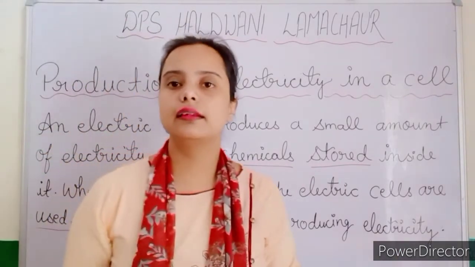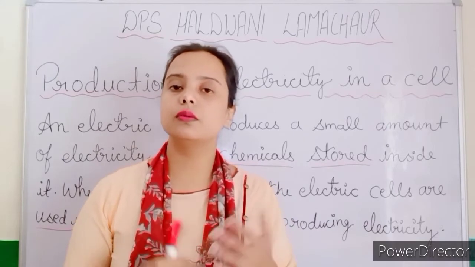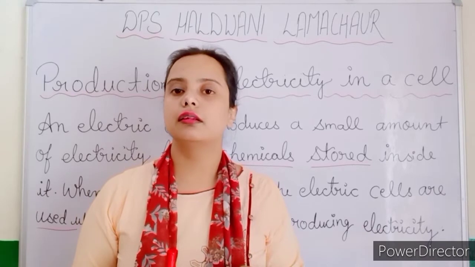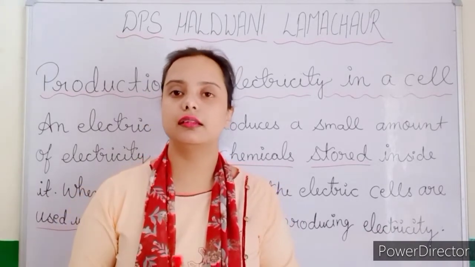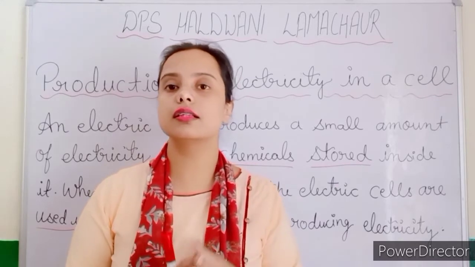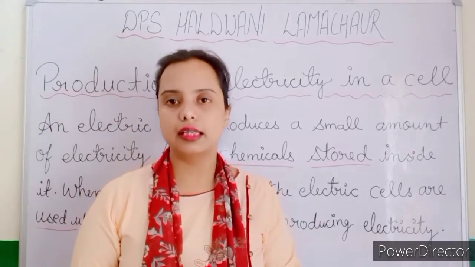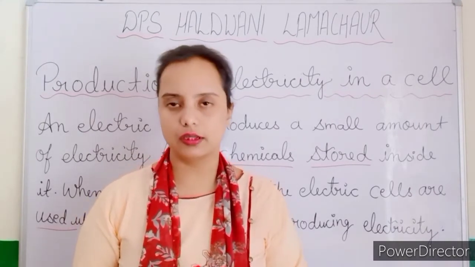Cell के अंदर क्या होता है, chemicals present होते हैं, and when we use up the thing in which we are using the cell, the chemicals are used completely to produce electricity, then at the last the cell stops working.